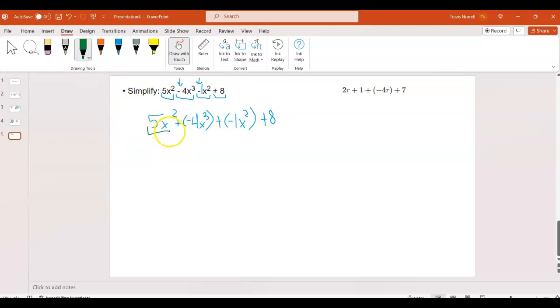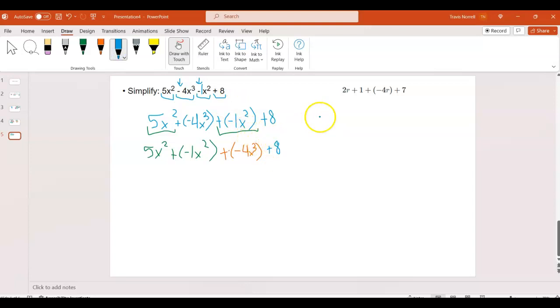We can move like terms to be side by side. So positive 5x squared plus negative 1x squared and then we'll have plus negative 4x cubed and then plus 8.